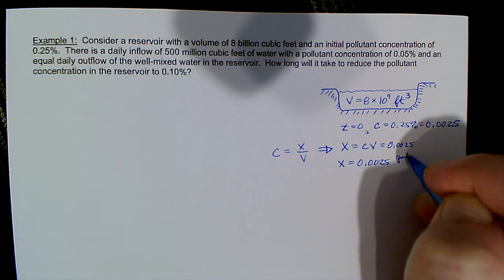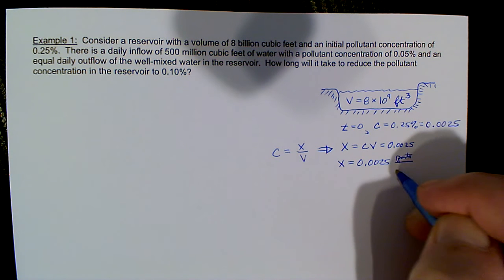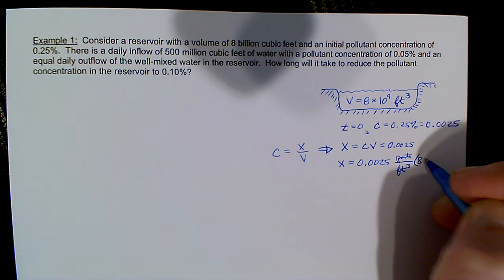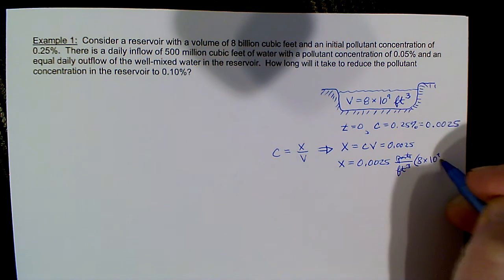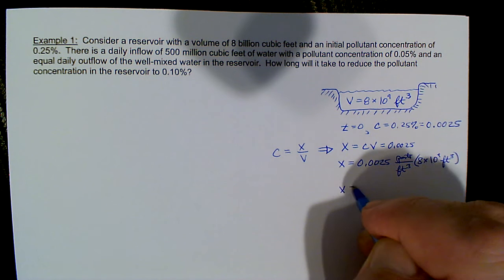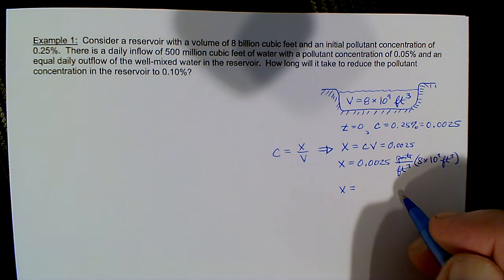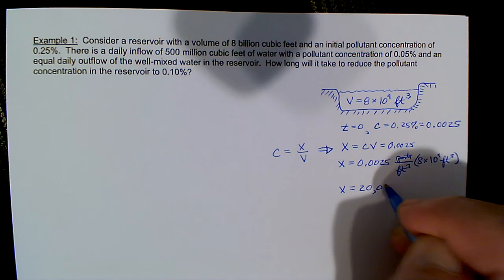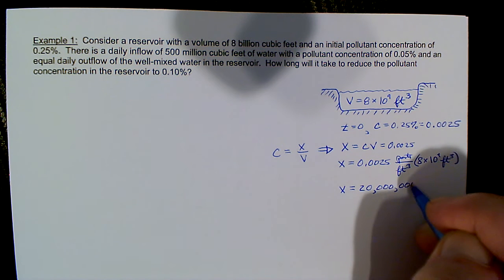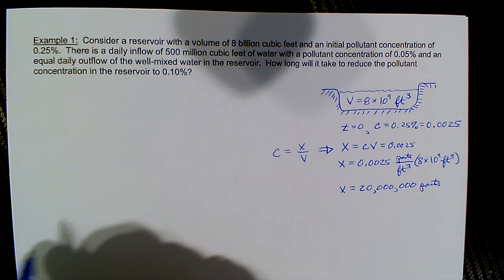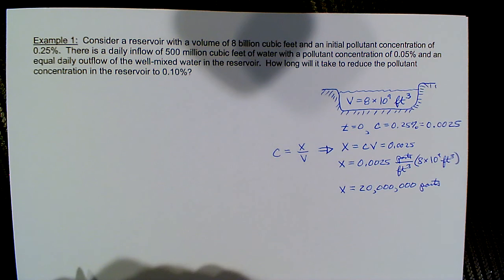Okay, that really represents parts per cubic foot times the volume of 8 times 10 to the 9th cubic feet. And so we get that the amount is 20 million parts of this pollutant.